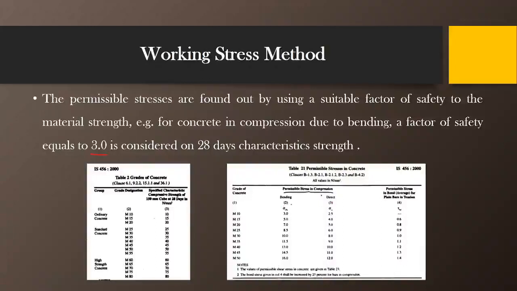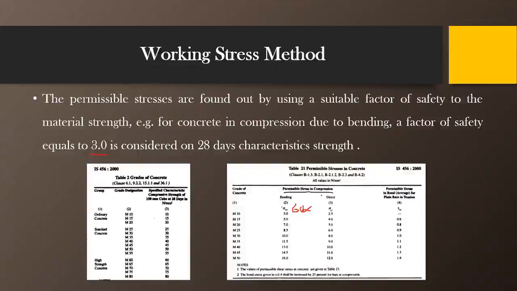The permissible stress in bending compression is denoted by sigma CBC. Here sigma is the stress, C stands for concrete, B stands for bending, and C stands for compression. Hence, it is the permissible stress in concrete in bending compression. And for direct compression, it is sigma C.